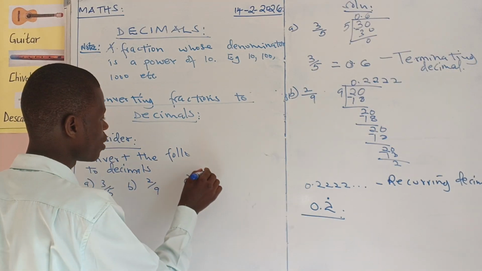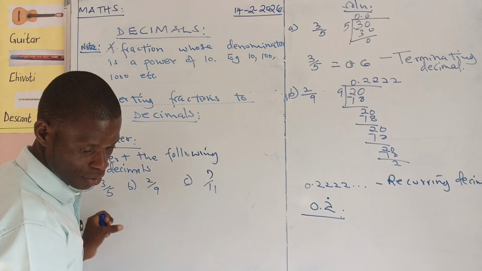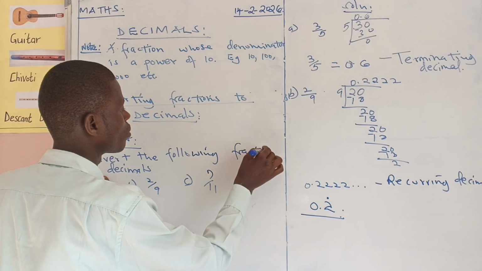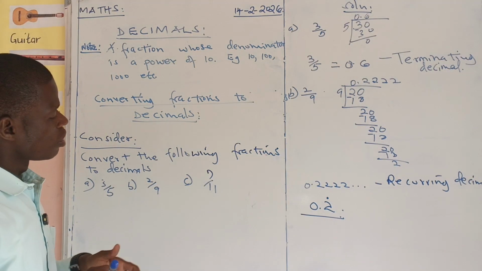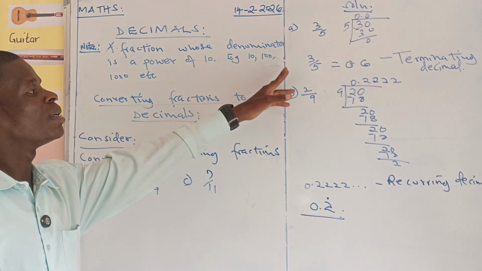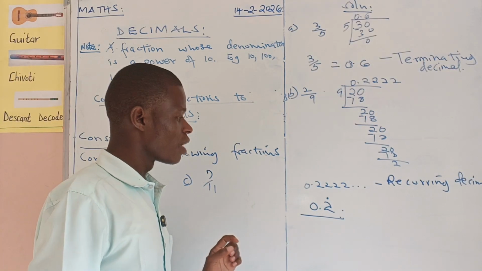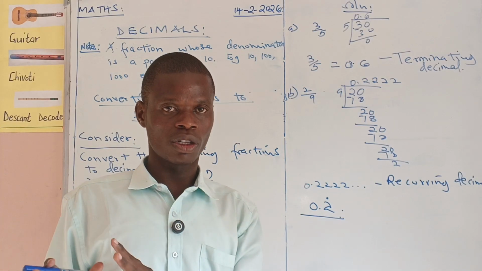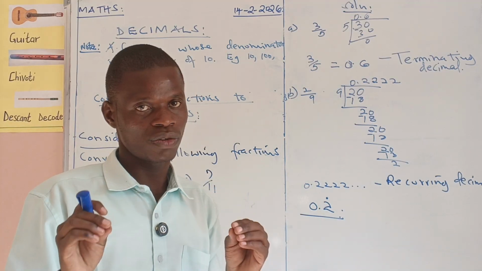Now here we had 7 over 11. So this one is a terminating decimal and this one is a recurring decimal. So one thing, the sure way of converting a fraction to a decimal is by long division.